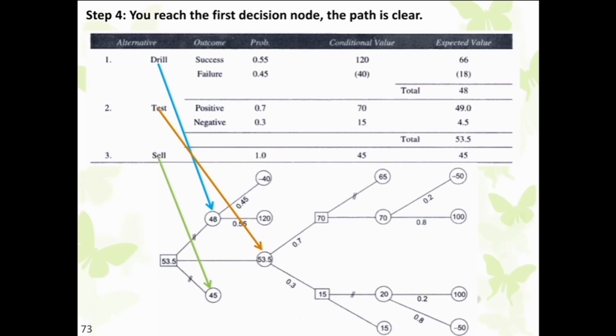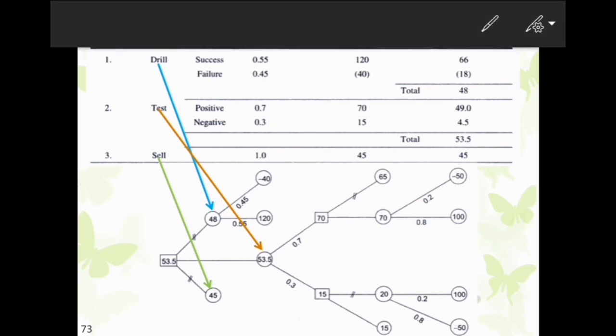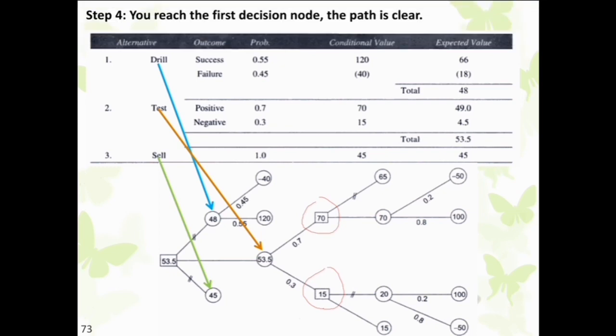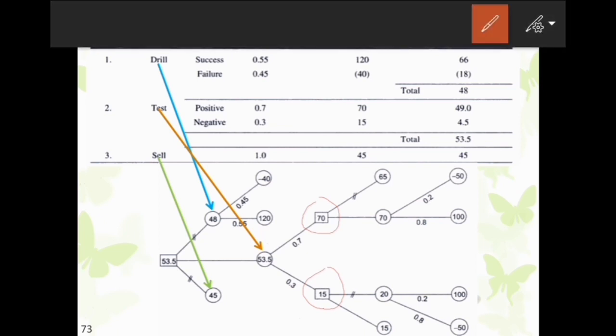Now going forward to the testing option, you must understand that we had already written this value inside the decision node before. So we again have to calculate the expected payoff value, that is 0.7 into 70 plus 0.3 into 15, and that will give you the value as 53.5, which you have to write at this chance node. So if you are going for testing, you will get a cumulative or conditional or expected payoff value of 53.5 million.